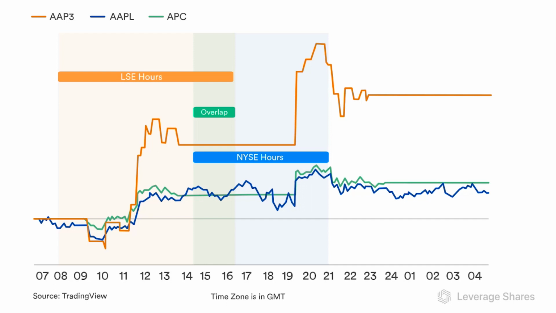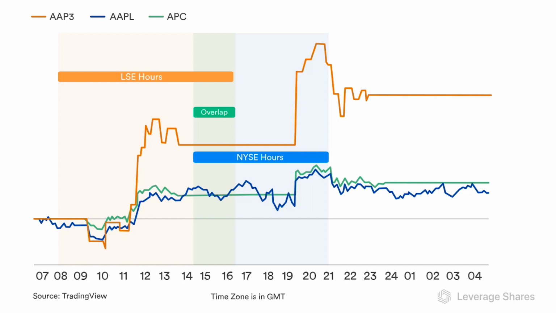The GDR, on the other hand, should follow the pre-market and initial trading moves of the US stock itself. When US markets open, in hours that are common to both the GDR's location and the market where the US stock trades, the GDR, the US stock, and the ETP should move in tandem.